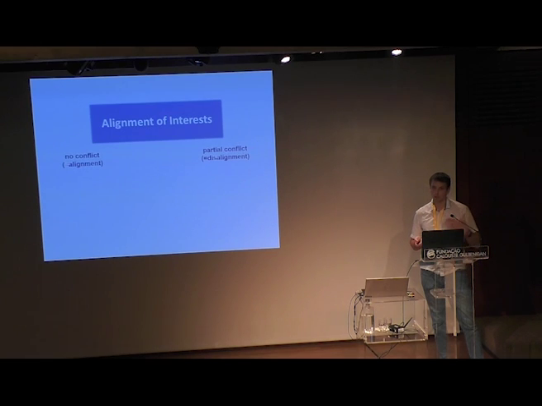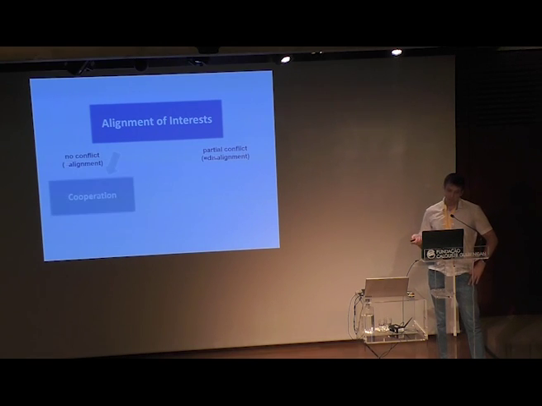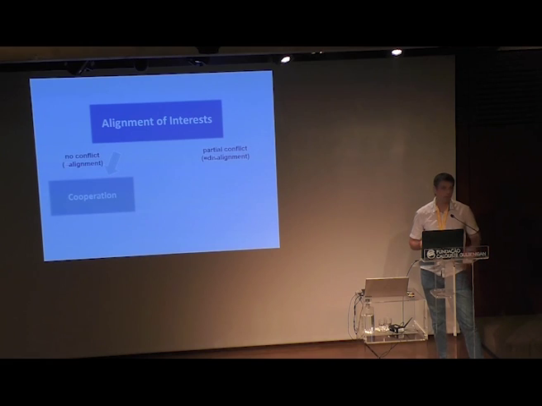And of course, if you have total conflict of interest, that predicts no interaction, or communicatively, that predicts no communication at all. If you have no conflict of interest, if you have alignment of interests, that predicts cooperation, including cooperative communication, like for example in bees.